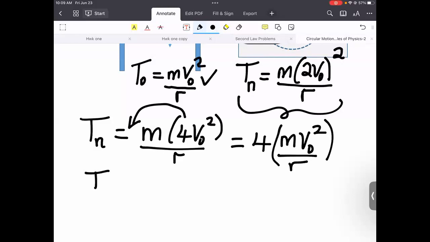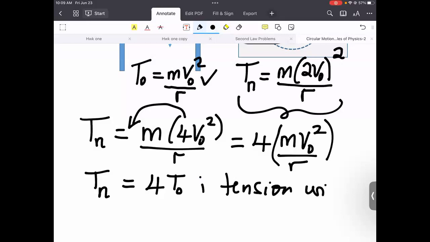I can say now that the new tension will be 4 times the original tension. So again, we see that the tension will be quadrupled, or multiplied by 4.